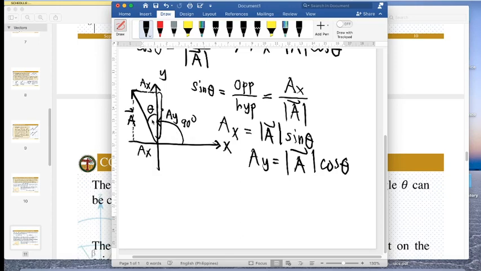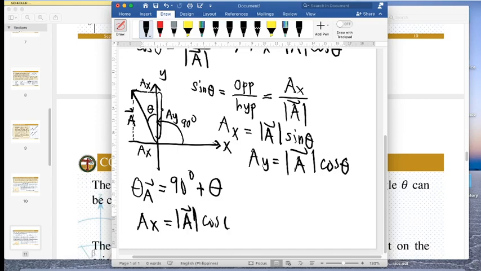So the angle kung saan nag-orient na si vector A, your theta of your vector A, is now equal to 90 degrees plus the original angle ni vector A. So by using this one, you can use na this formula. So there's no need for you to do the SOHCAHTOA all over again. Okay? So you can use this one.